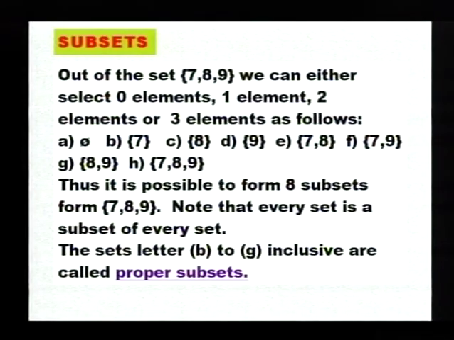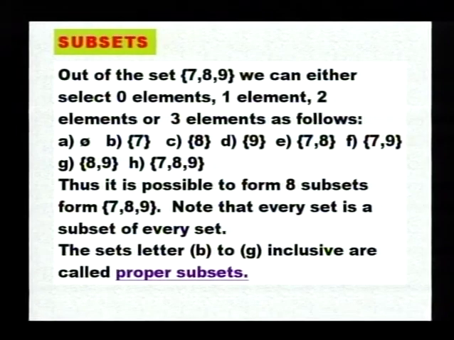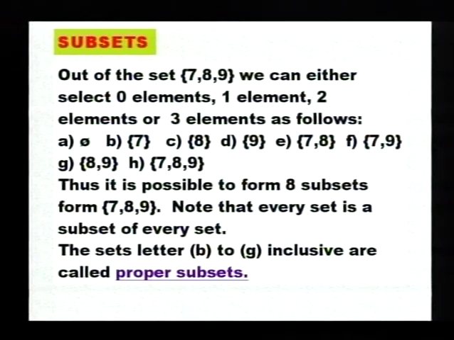Note that every set is a subset of itself. In other words, {7} is a subset of {7, 8, 9}, and {7, 8} is a subset of {7, 8, 9}. The sets B to G inclusive are called proper subsets.